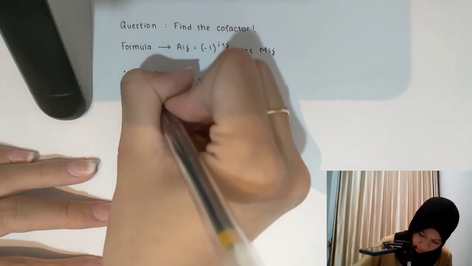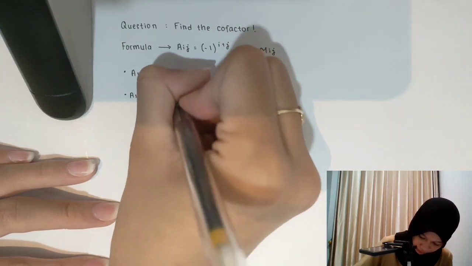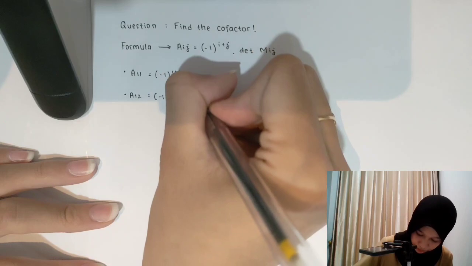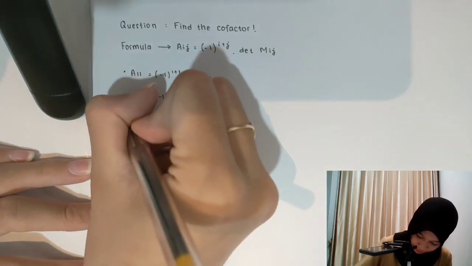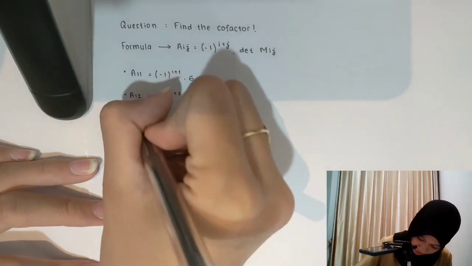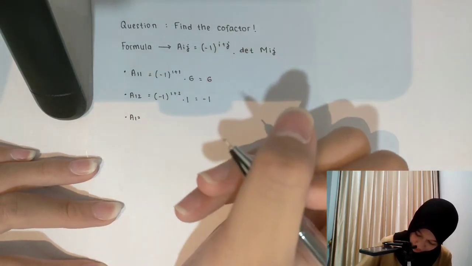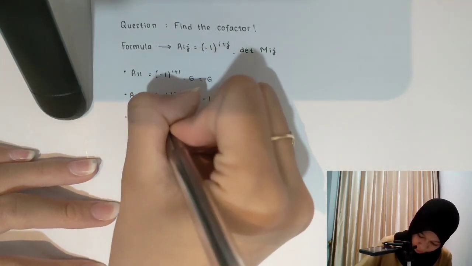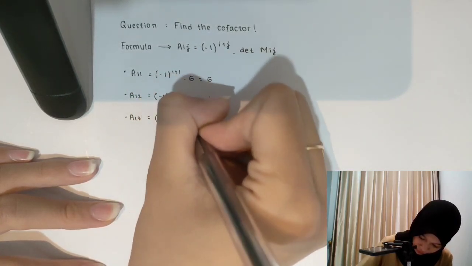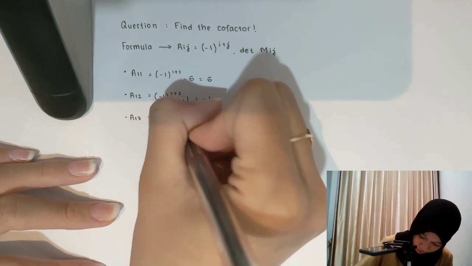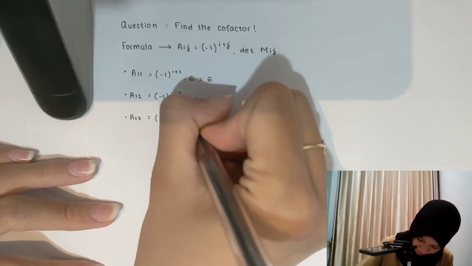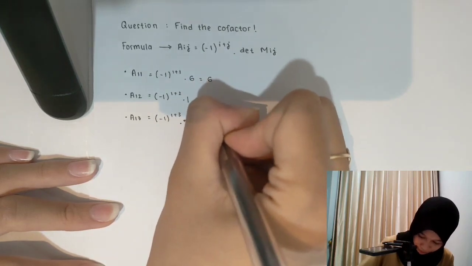Row 1, column 2: minus 1 to the power of 1 plus 2 times 1, minus 1. Row 1, column 3 equals minus 1 to the power of 1 plus 3 times minus 7, which will be minus 7.